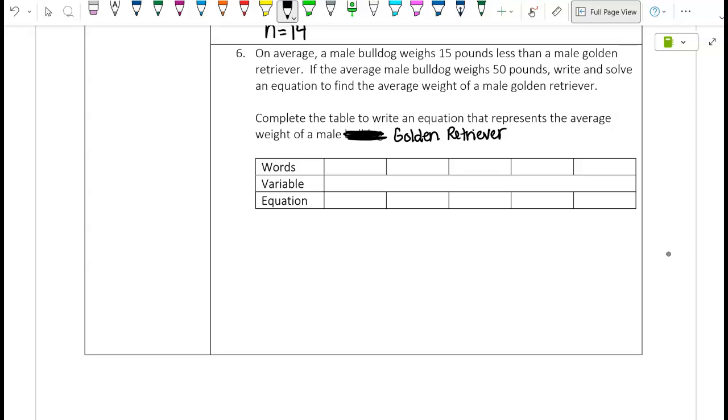So again, we need to take that paragraph and we need to condense it down to what it's saying. So basically, if we were to paraphrase this, we would say the bulldog weighs 15 less than golden retriever.